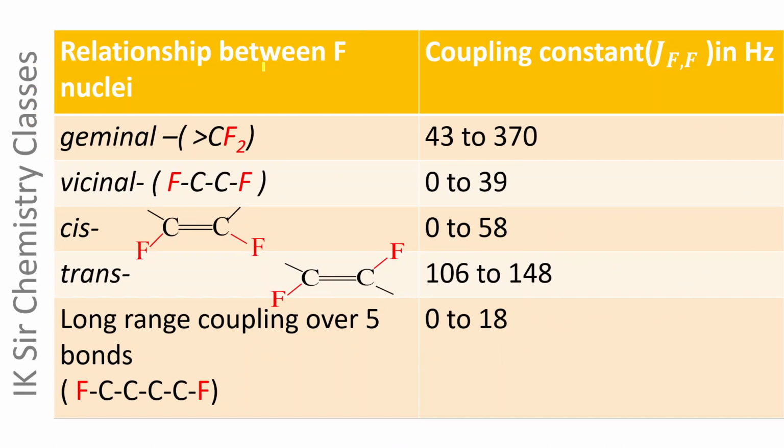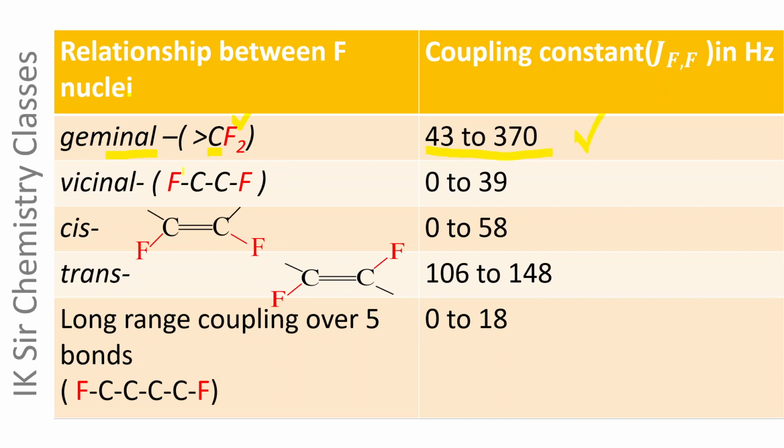Relationship between two F nuclei and coupling constant, that is JFF. This is coupling constant between two F nuclei in Hertz. If two fluorine atoms are present on the same carbon atom, it is called geminal coupling, and its value is generally in the range 43 to 370 Hertz.